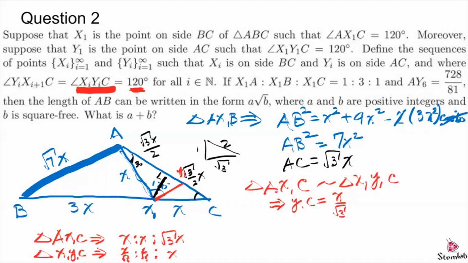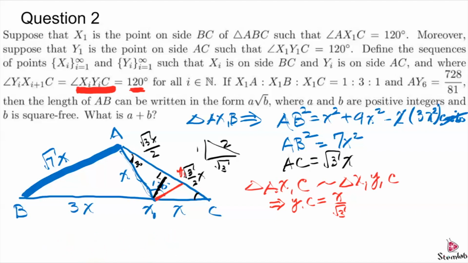Okay, and we're told to repeatedly do it. And what you'll notice if we repeatedly do it is the next one is also an isosceles triangle, also 120, 30, 30. Meaning if we draw the green from y1 x2c, y1 x2c is also 120 degrees.